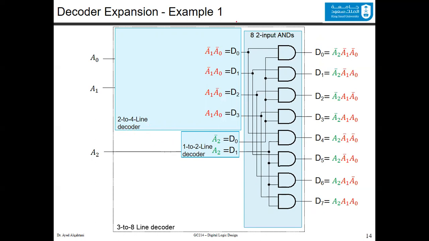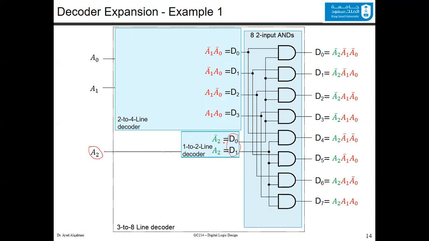This decoder will generate 4 outputs and will have 2 of the inputs. The other one will have 1 input and 2 outputs.